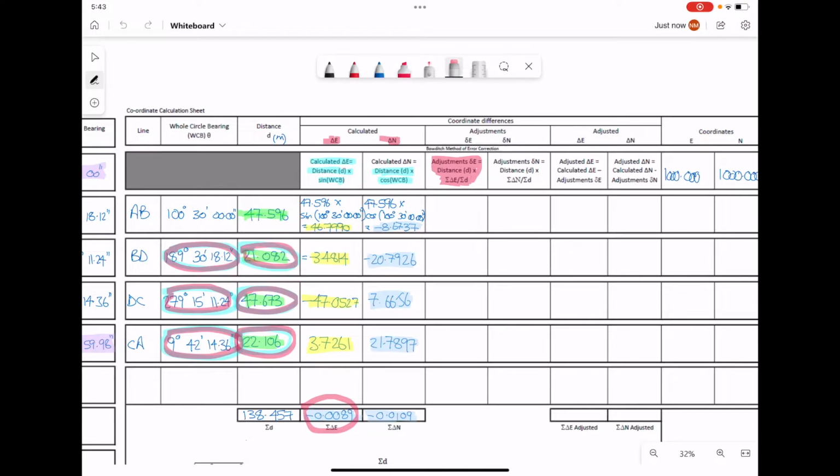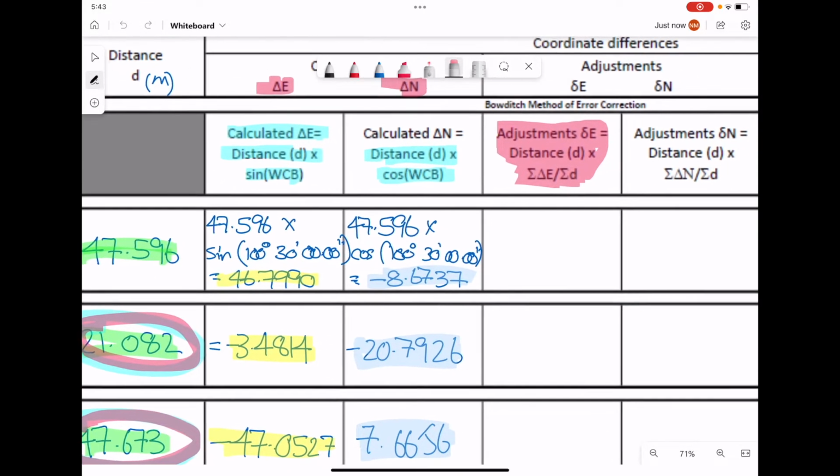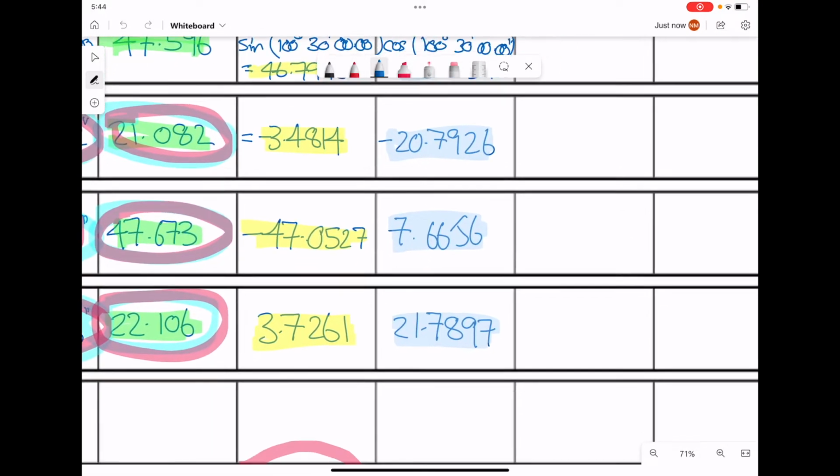To explain the calculation we do for the adjustment, what we do is we take the distance for the leg of the traverse, in this case 47.596, divide that by the total distance travelled.